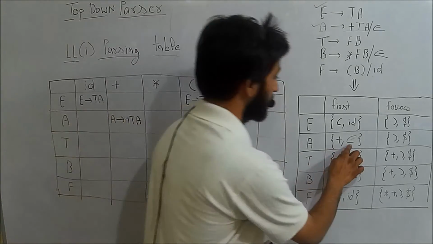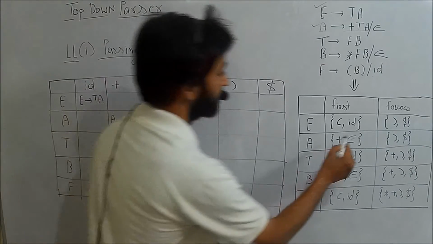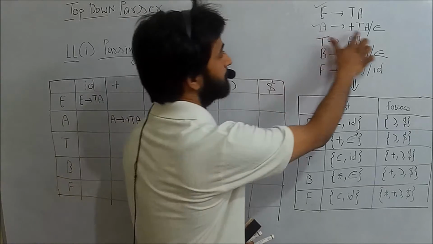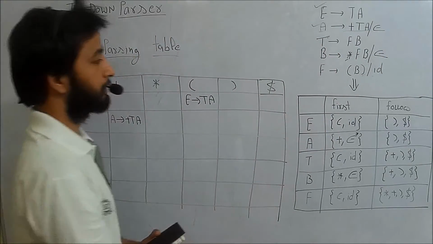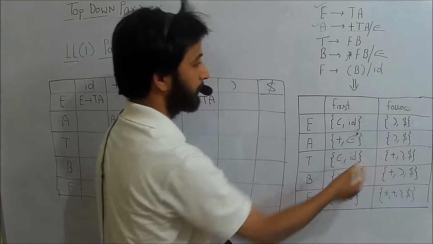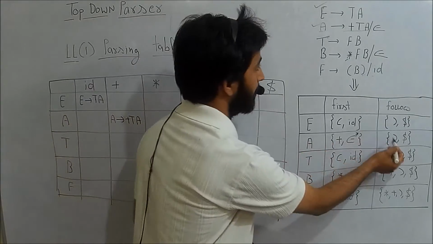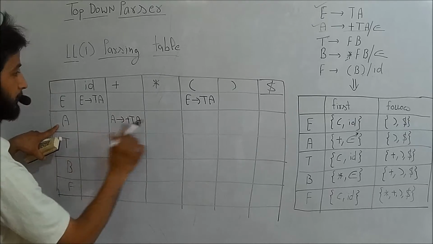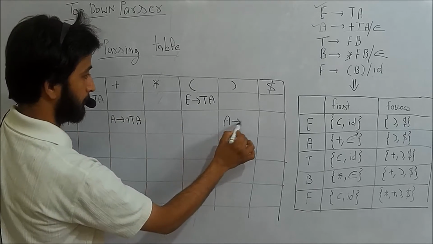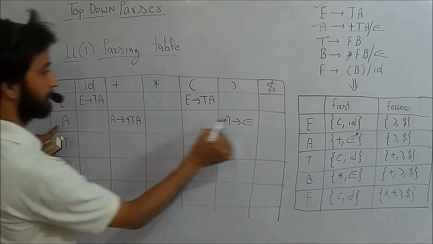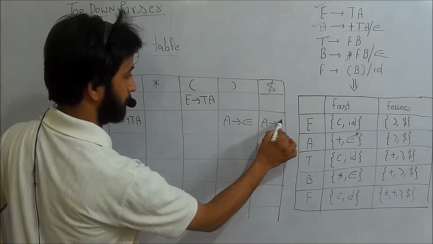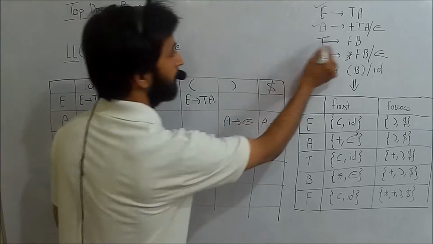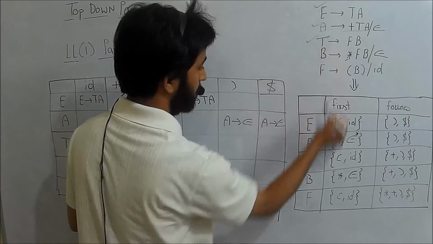And next is A derives epsilon. In the case of epsilon, I have to put that production under the follow of A. The follow of A is close brace and dollar, so A derives epsilon goes here and here.